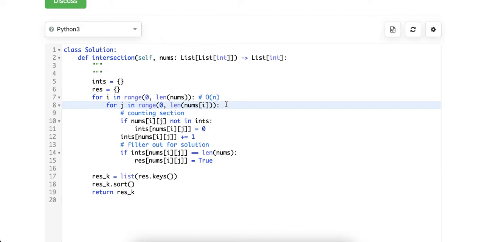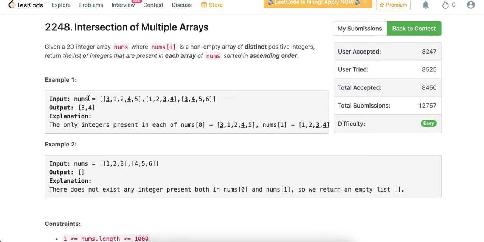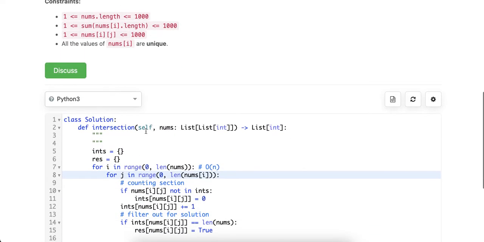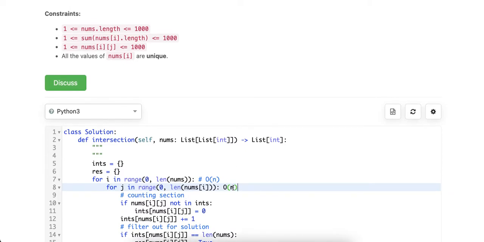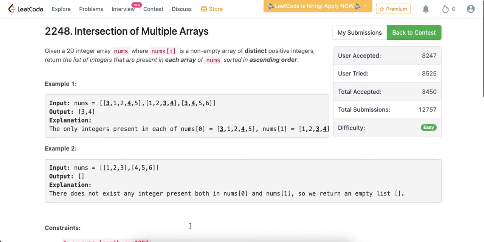Here, for each nums[i], there is another one. Oh yeah, so we need to know the m. Let's consider it as the m. The m is basically, let's say, the maximum number of values in each subarray.